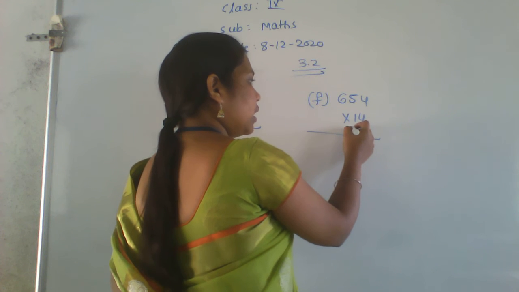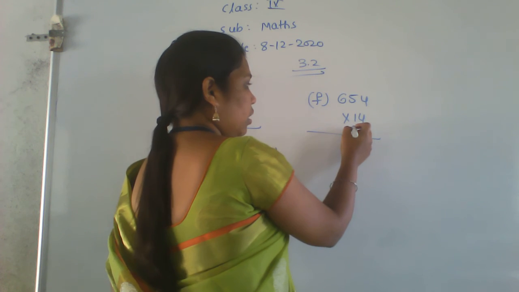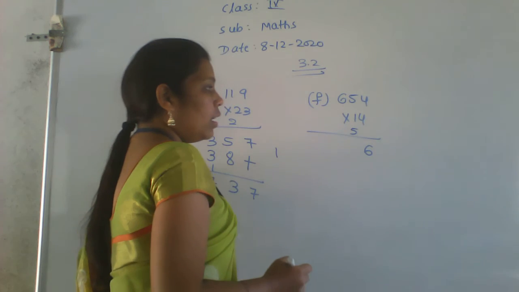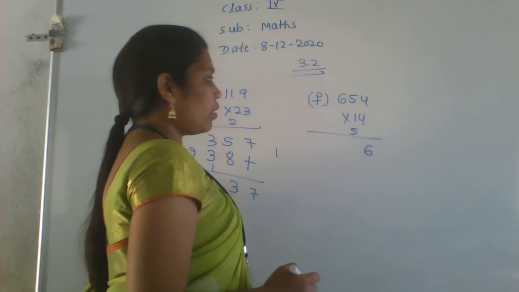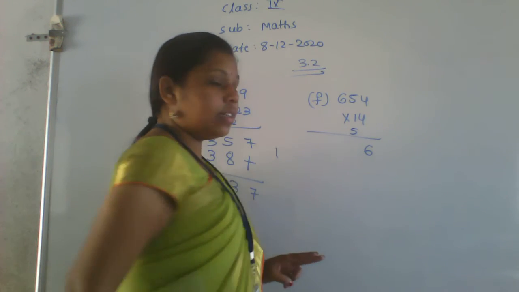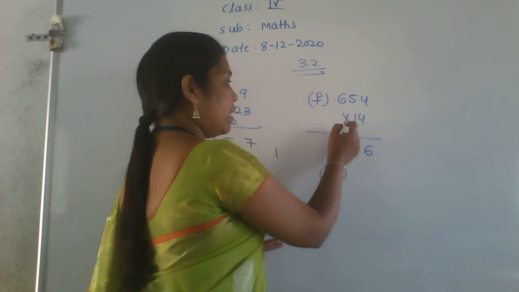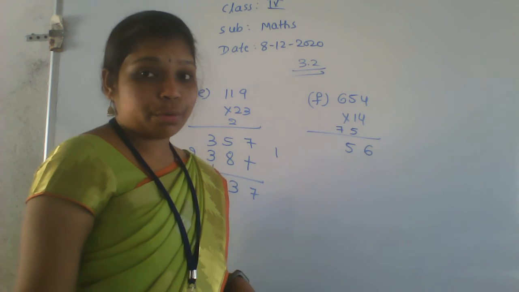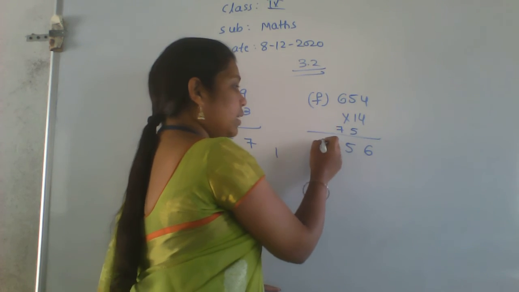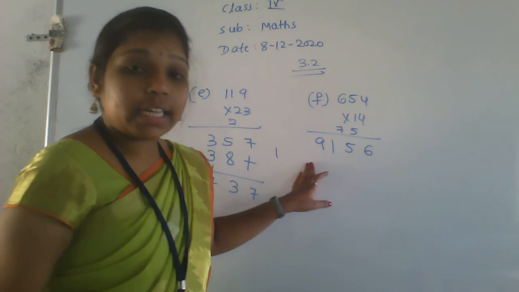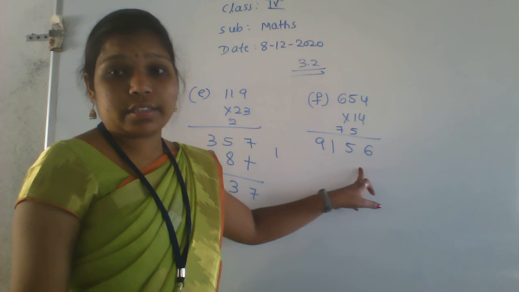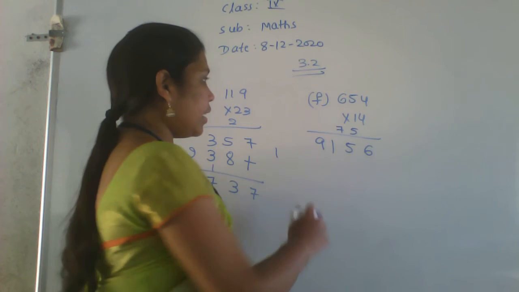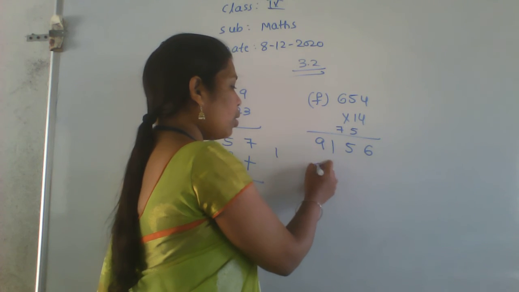Otherwise do it: 14 4s are how much? 14 5s are 70, 70 plus 5 is 75. 14 6s are 84. 84 plus 7 is 91. What is the answer? 9156 is the answer.